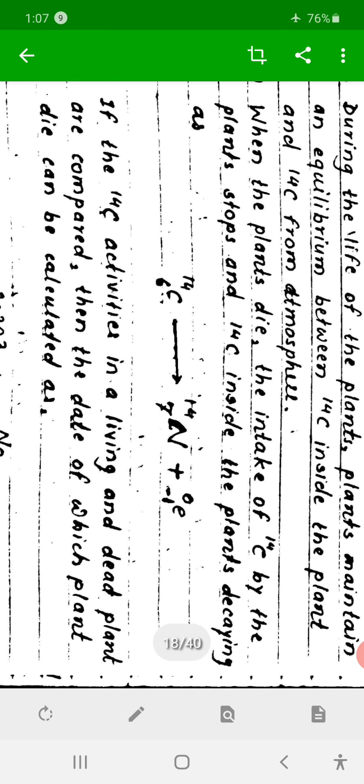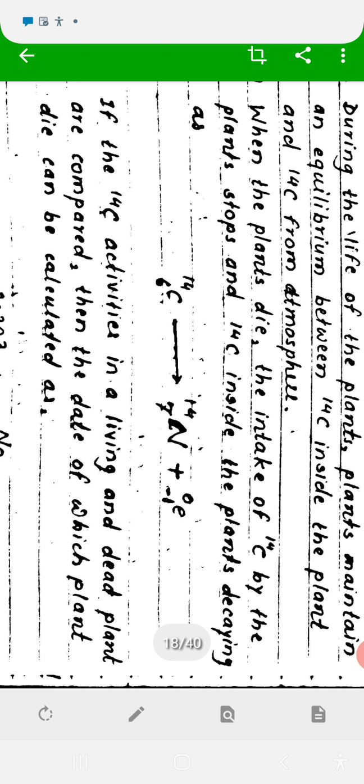Therefore, when the plant dies, the intake of C14 from the atmosphere stops.